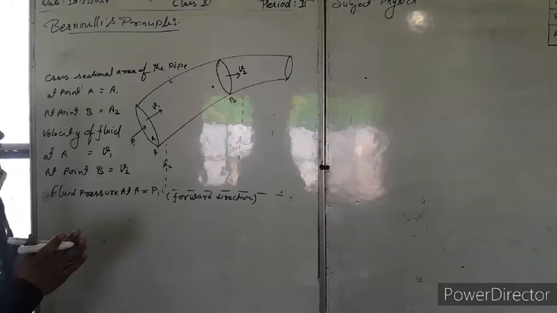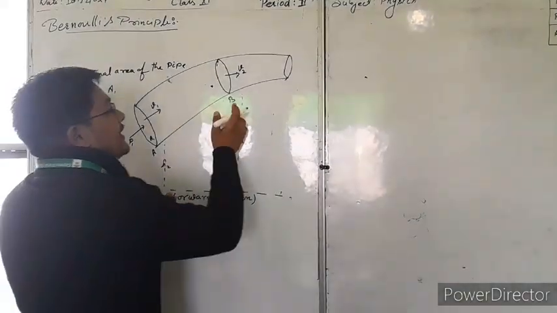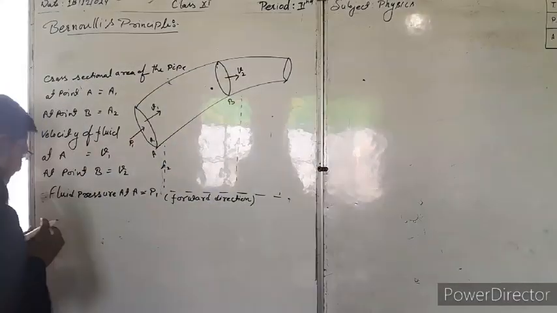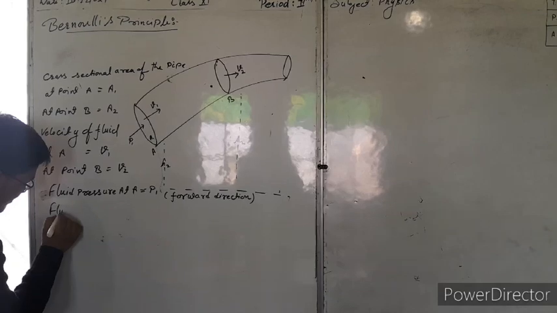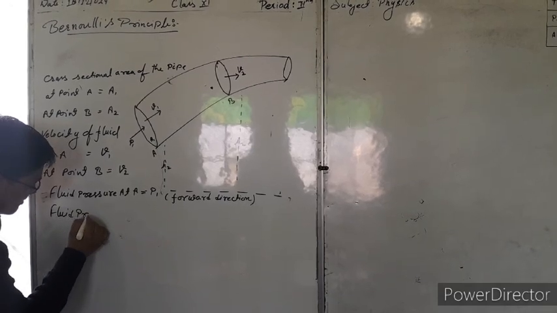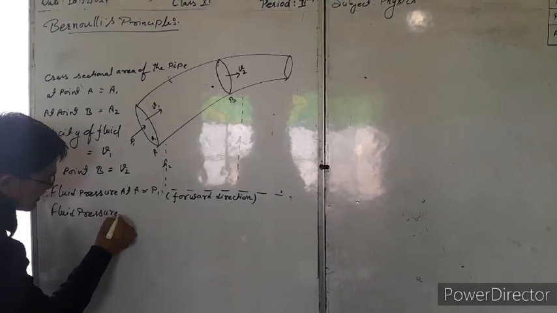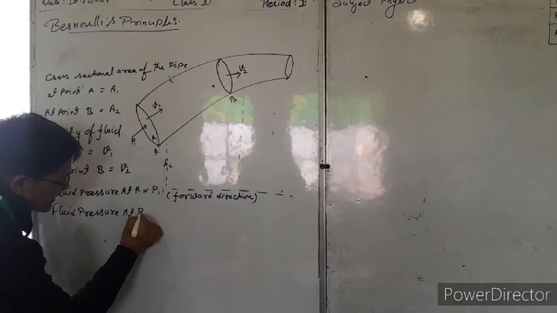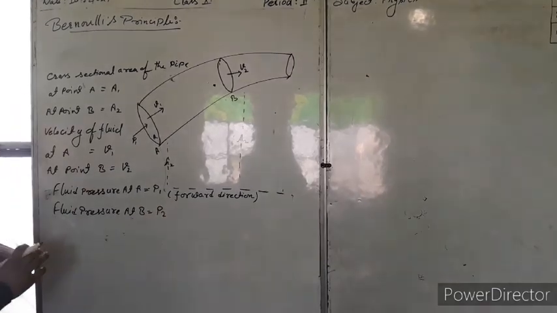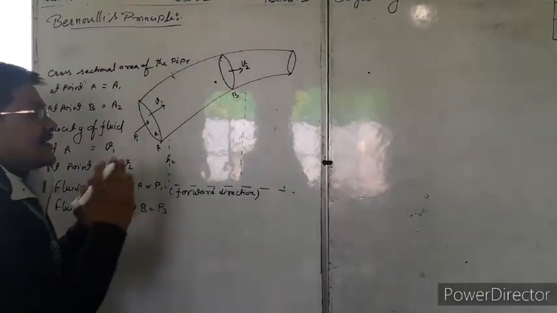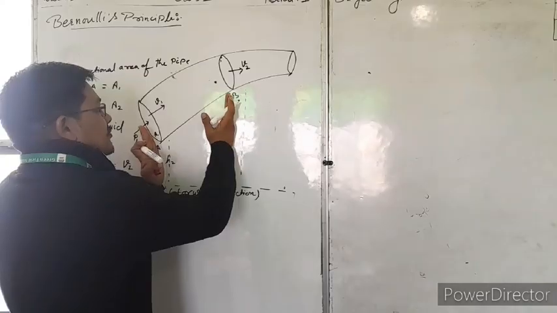Now suppose at point B the fluid pressure is P2. What will be the direction of P2? We are just studying this fluid.